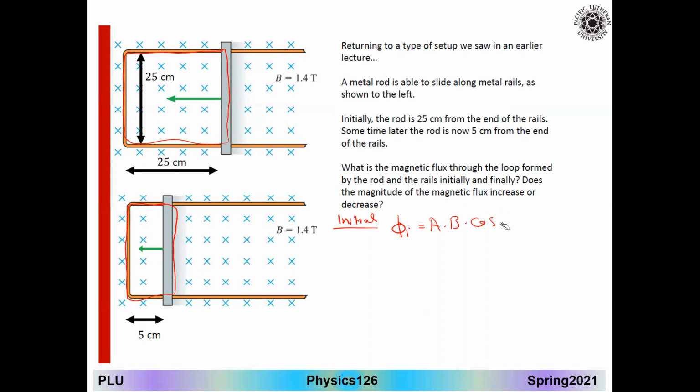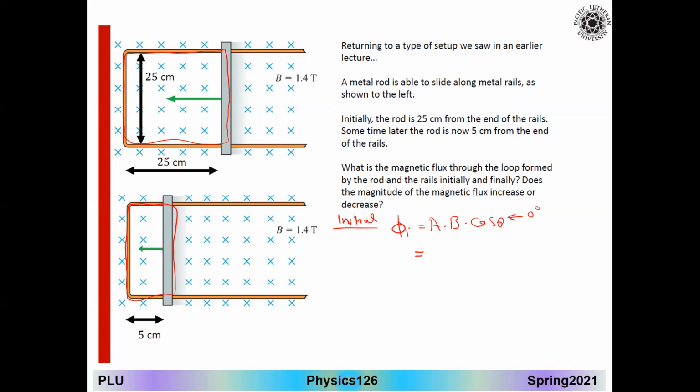What about the theta? In this case, as in the previous example we solved, the theta will be in the same direction, so theta equals 0 degrees. Now let's plug in the numbers.